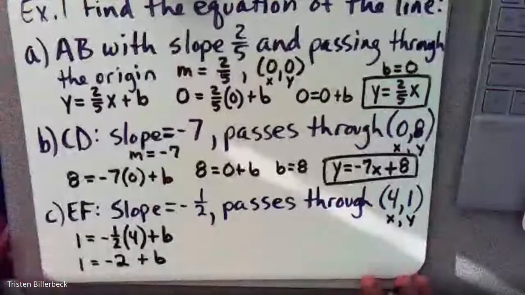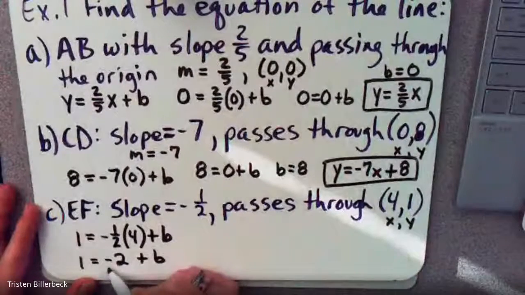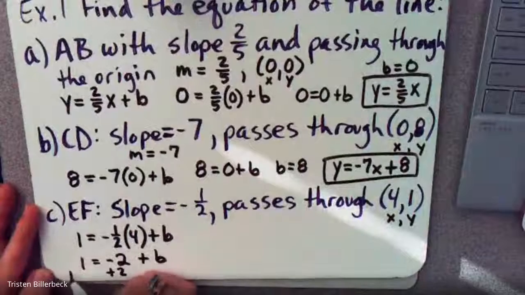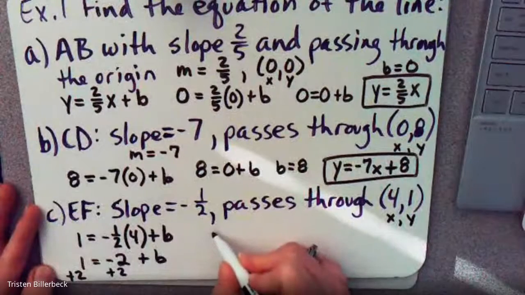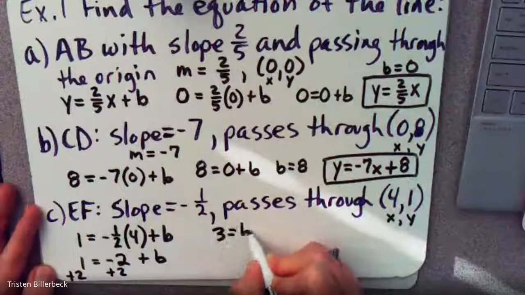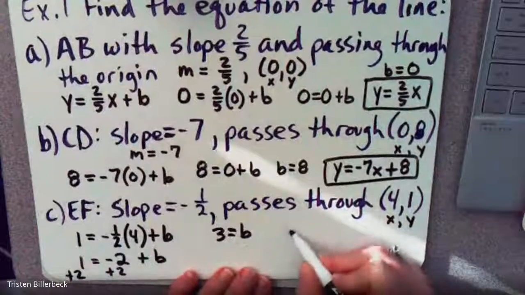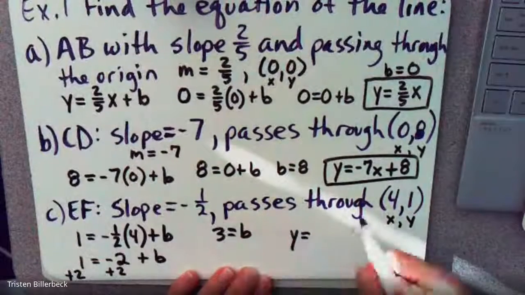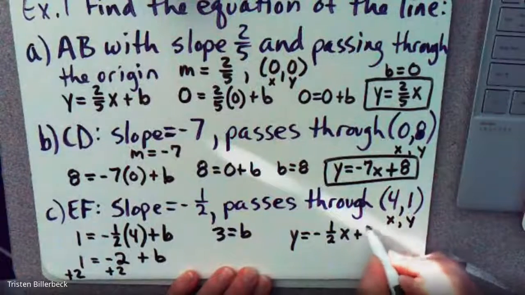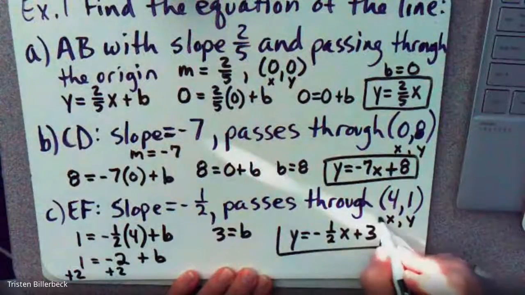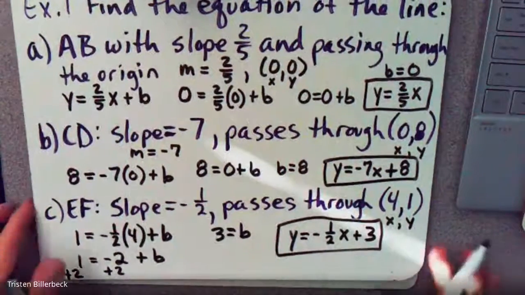We're going to have to use an additive inverse to isolate b, so we add 2 to both sides. So this gives us 3 equals b. So now we have the equation y equals, our slope is -1/2 x plus 3. And there you have it. Okay.